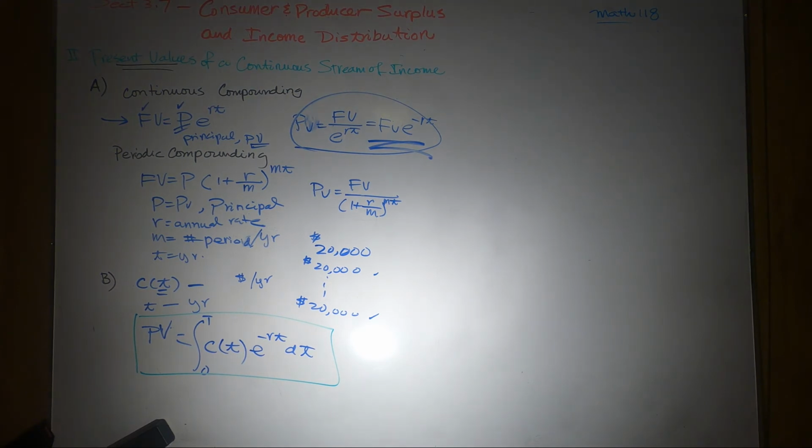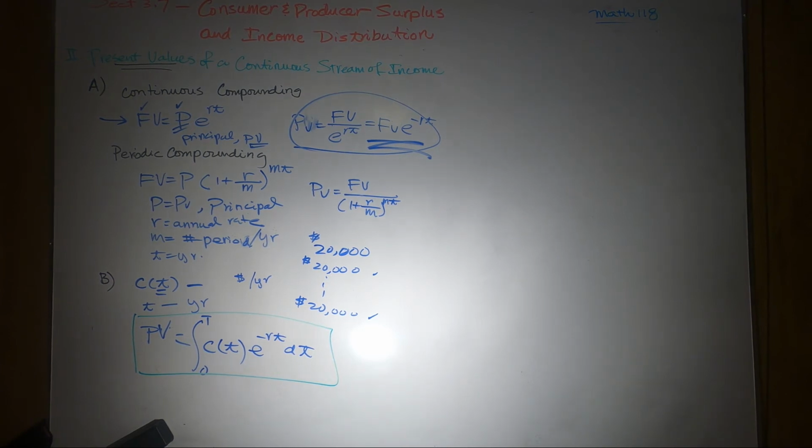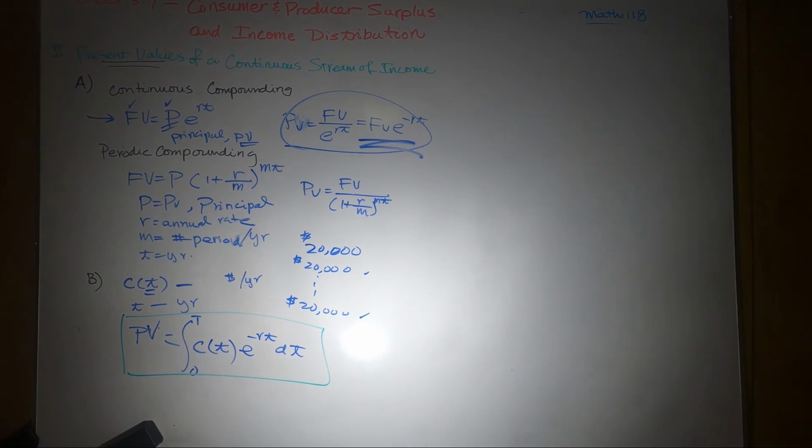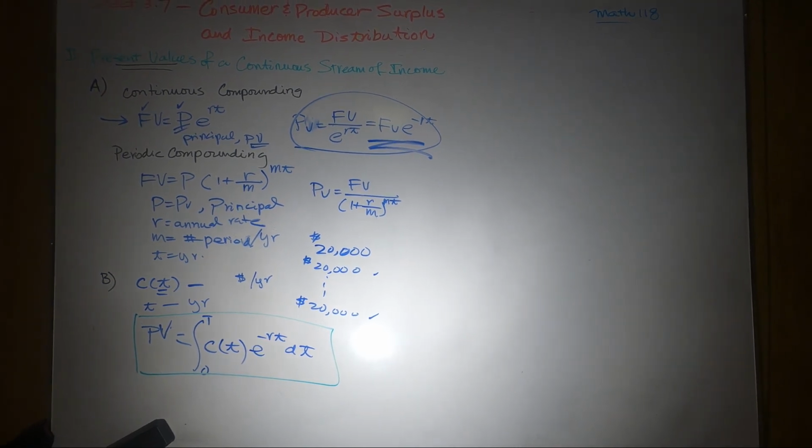All right. If you want to know why, you might want to study more advanced, involved calculus for your business. Otherwise, you just remember the formula we are going to use.